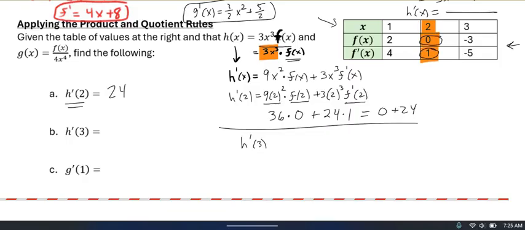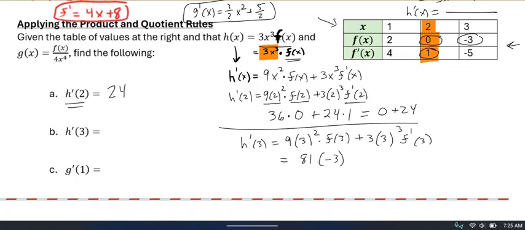All right, now that you tried that, you maybe recognize you just need to plug 3 into the same thing. So we have 9 times 3 squared times f of 3 plus 3 times 3 cubed times f prime of 3. And so we should get 9 times 9, 81. F of 3 is negative 3.